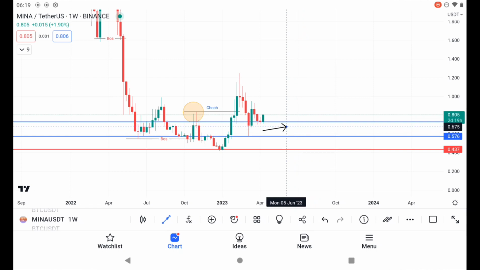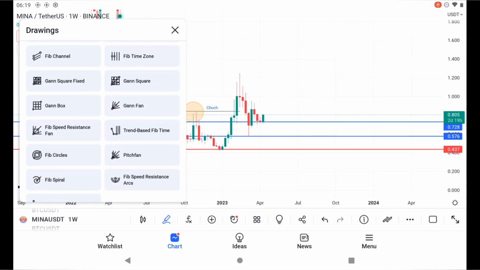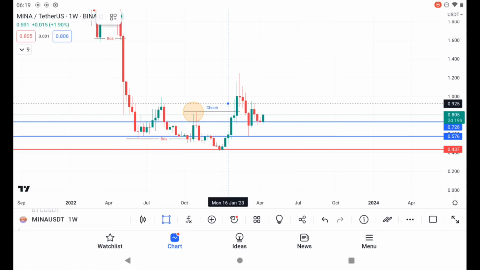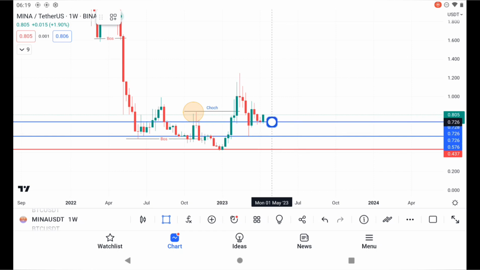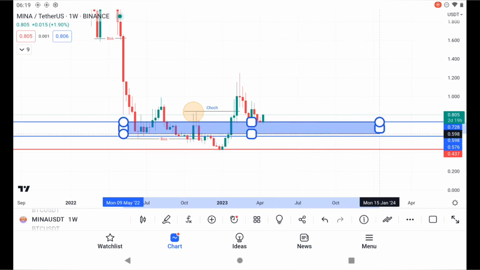The next thing I want to do, I'm teaching this because of the newbies in the house, is come here and use the rectangle tool and map this out as a zone.